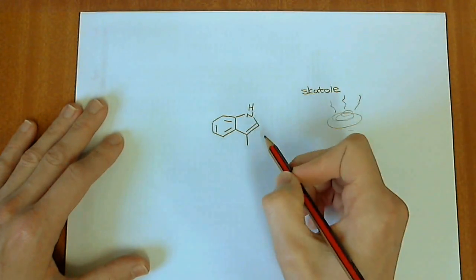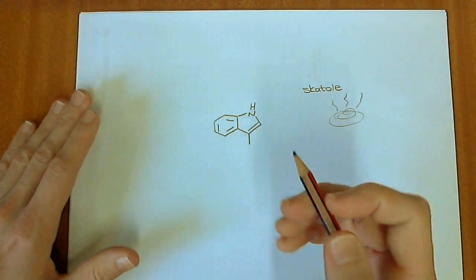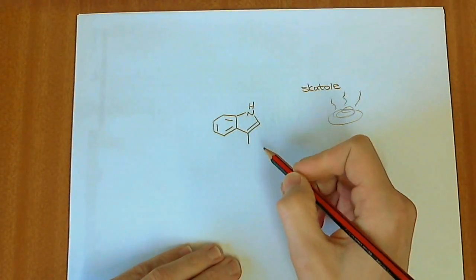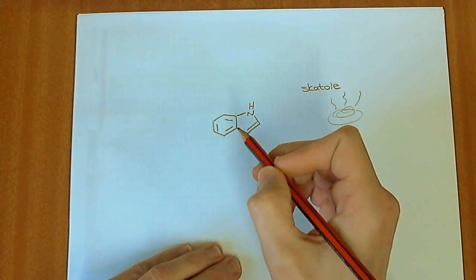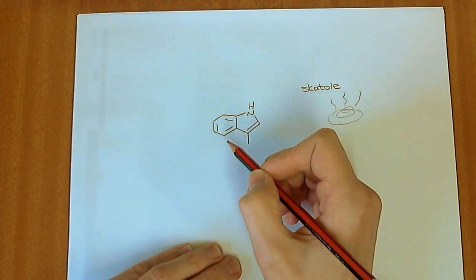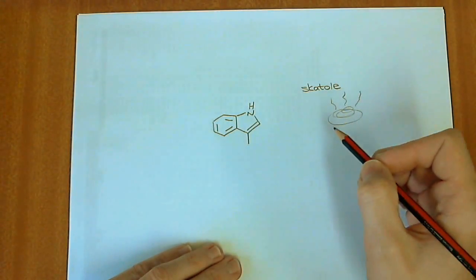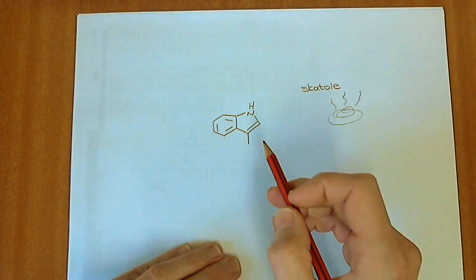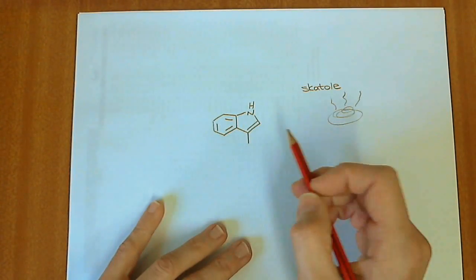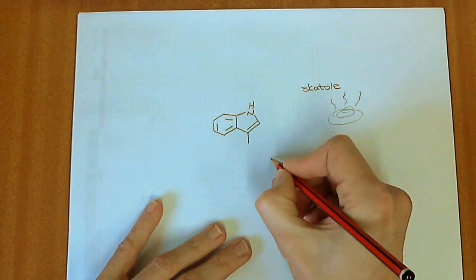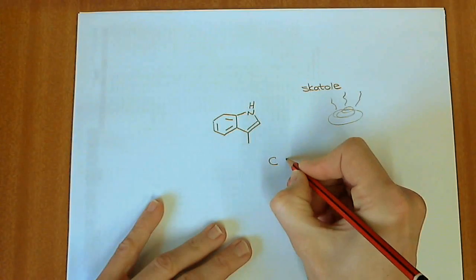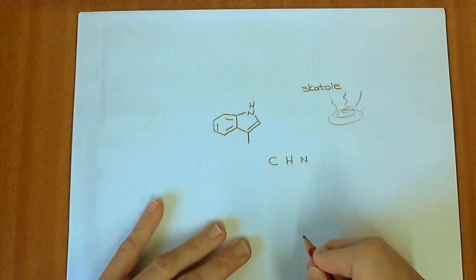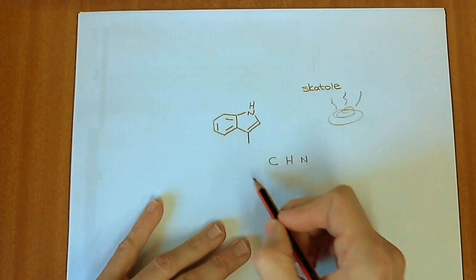And anyway, when we draw something like this, what you need to be able to do is very quickly see where the carbons are and where the hydrogens are, which are hidden. I should hope you'll be able to work out its molecular formula, the number of carbons, the number of hydrogens, and in this case, we've got nitrogen as well. And so we can count these up.